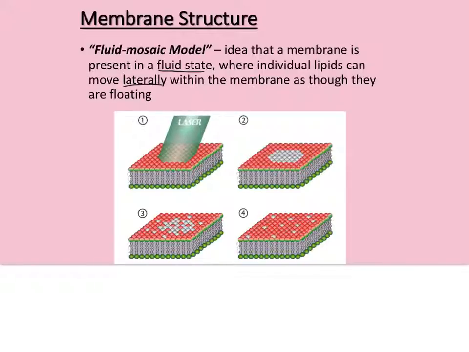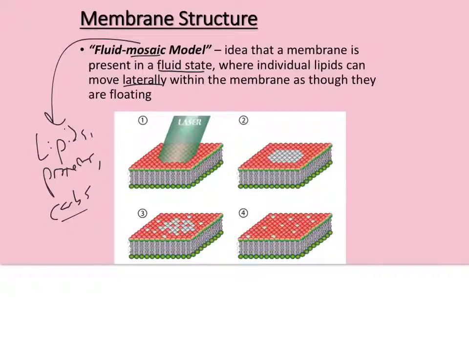So these phospholipids can move on one side of the membrane, but they don't usually flip from one side to the other, right? So that's the fluid piece. Mosaic just means made of lots of stuff, right? So it is fluid because it is in a fluid state. It is mosaic because it's made up of lipids and proteins and carbs. Right? So all kinds of things put together.